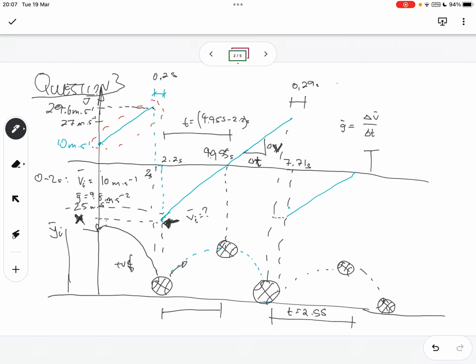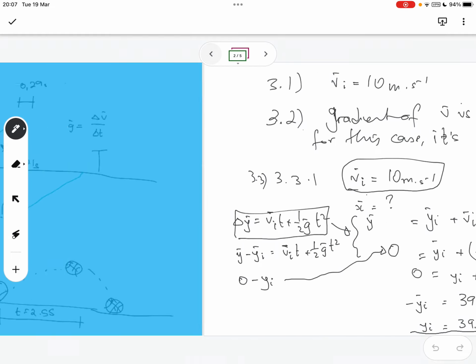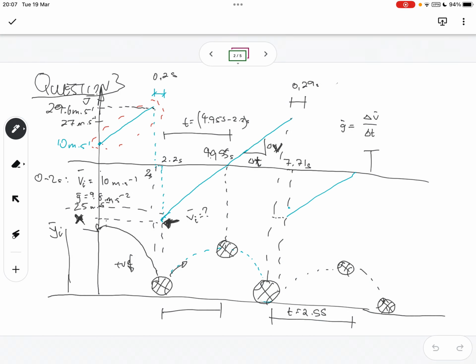What is the time? The time is from 2.2 seconds to 4.955 seconds. So that difference should go in as a negative. So we should have 4.955 minus 2.2.